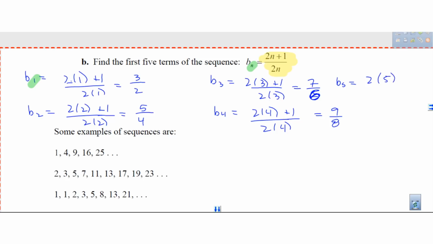The next one is 2 times 5 plus 1 over 2 times 5. 2 times 5 is 10 plus 1 is 11, so that would be 11/10.